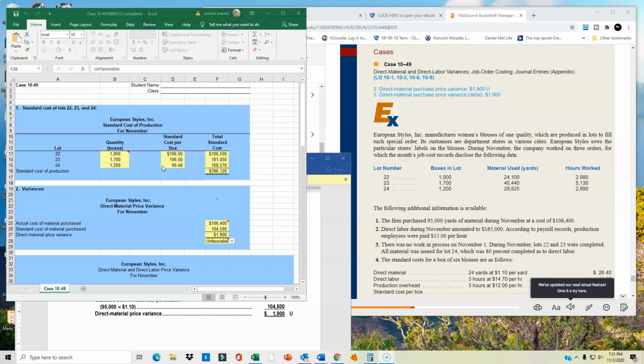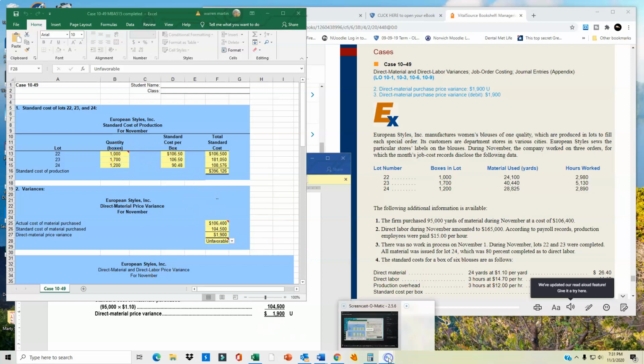We already know that the standard cost is $1.10 per yard. Right down here it tells us the direct material that was purchased. Number 1 there tells you they bought 95,000 yards. All we're doing here is taking that $1.10 and multiplying it by the number of boxes.